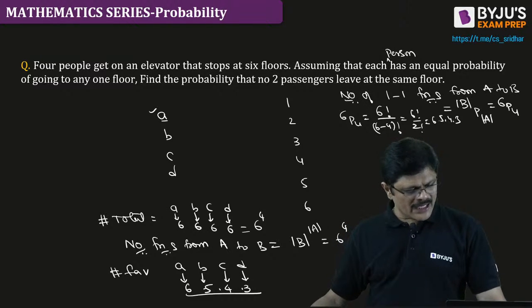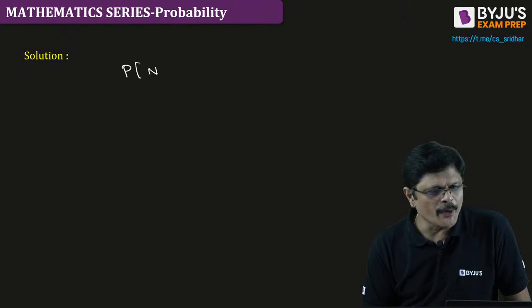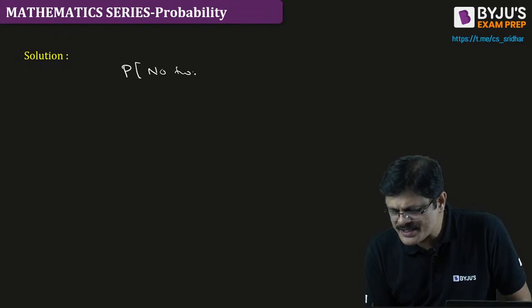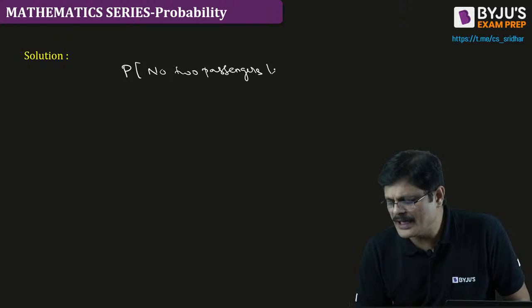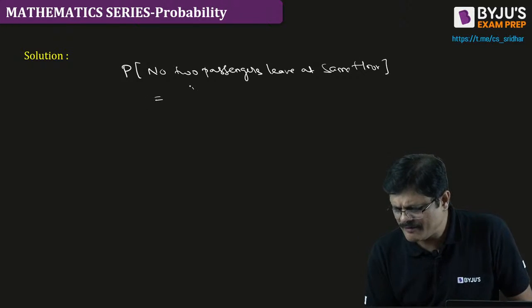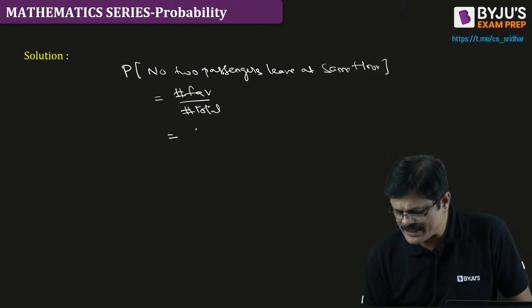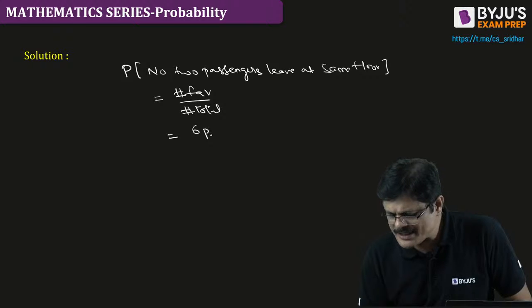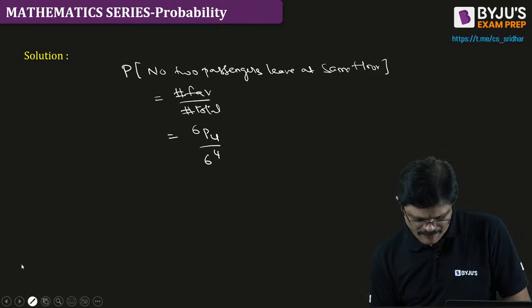So the answer for this problem, the probability that no two passengers leave at the same floor, is favorable number of cases by total number of cases. Formula wise, that is 6P4 by 6 power 4.